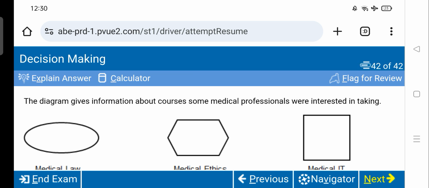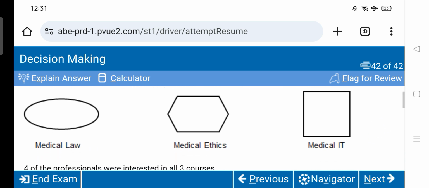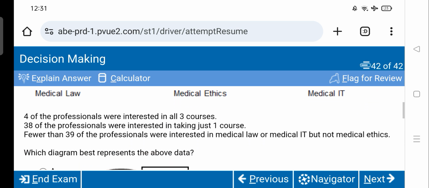The diagram gives information about courses some medical professionals were interested in taking: medical law, medical ethics, and medical IT. 4 of the professionals were interested in all 3 courses. 38 of the professionals were interested in taking just one course.